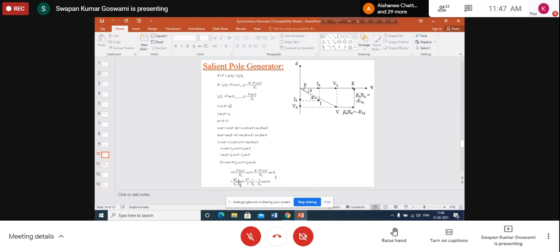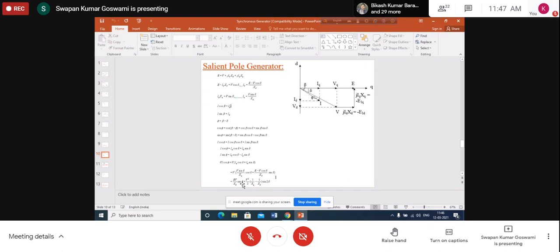You see that if we put XD equal to XQ, just for this purpose, this part vanishes. If XQ becomes equal to XD, then this part becomes 0, means it becomes the same expression as the expression for cylindrical rotor machine.